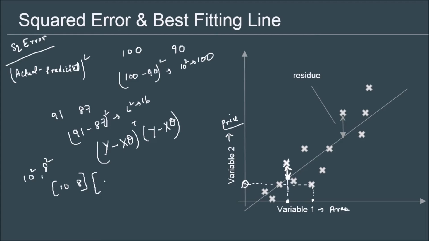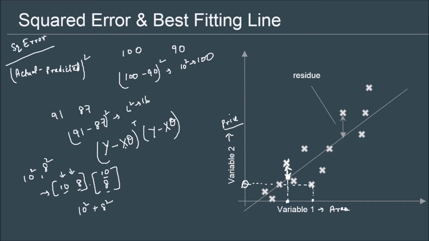If I multiply it by its transpose, so transposing is just reversing rows and columns. If I have one row over here and 2 columns, I will rewrite this across 2 rows and only 1 column, just like that. So now if I multiply them, what do I get? 10 times 10, 10 squared, plus 8 times 8, 8 squared.